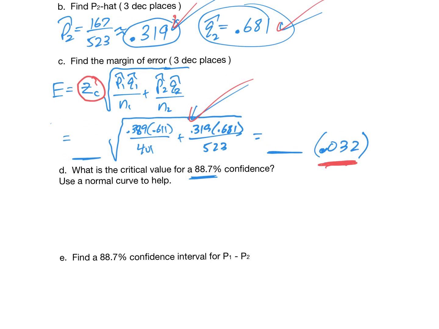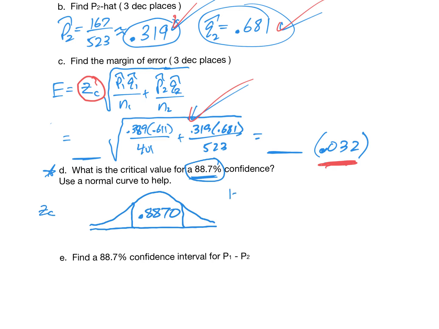In order to get our z of c, this question says, what is the critical value for 88.7% confidence? Use a normal curve to help. So this is the process that will give it to us every time. Draw your normal curve. Always put 2 lines symmetrical and turn 88.7 into a decimal, 0.8870.